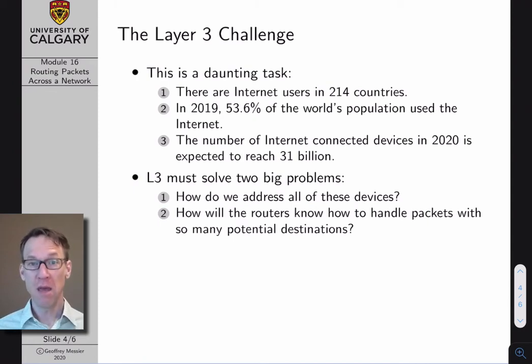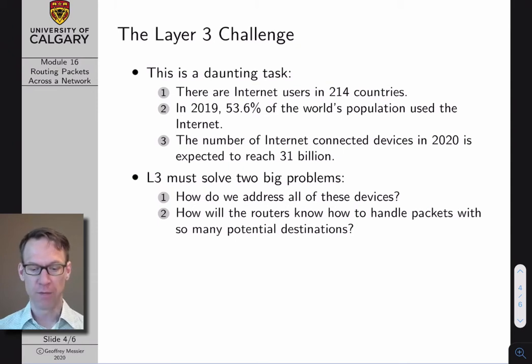And so that means we're designing a routing protocol for a network that is truly global in scope. Your computer at home should be able to communicate with any other computer literally around the world.